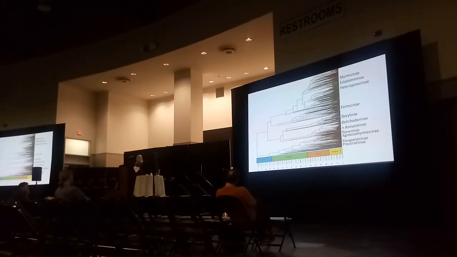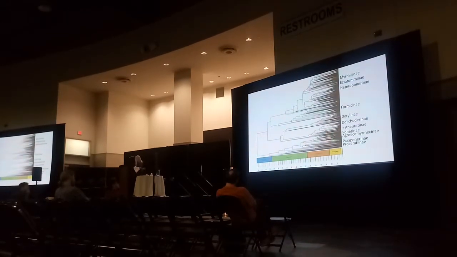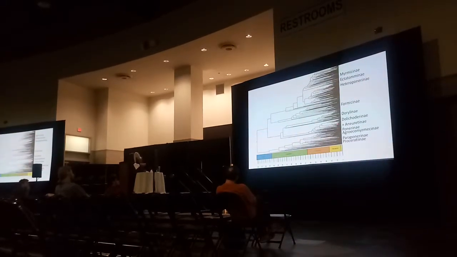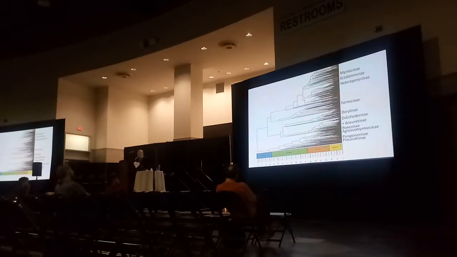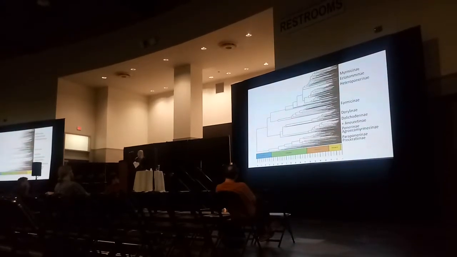You'll also notice that Dirillinae is sister to Dolichodirinae. So this one right here is sister to Dolichodirinae and Anorethinae instead of sister to the whole Formicoid clade. Now this is weakly represented by our morphological data, but it's still an interesting finding.